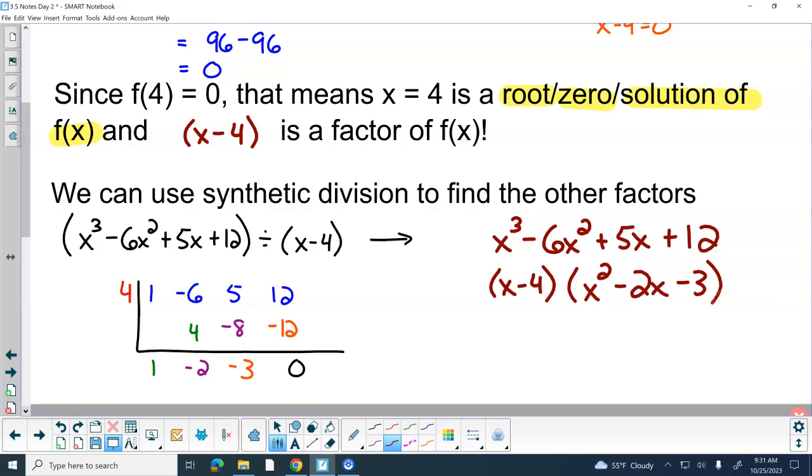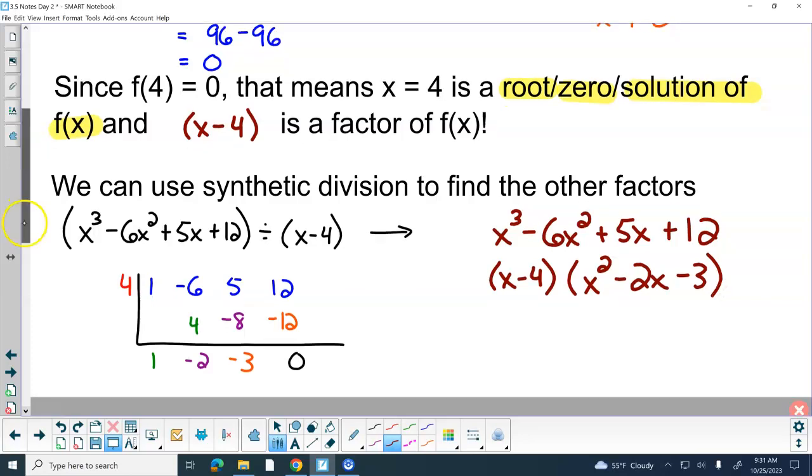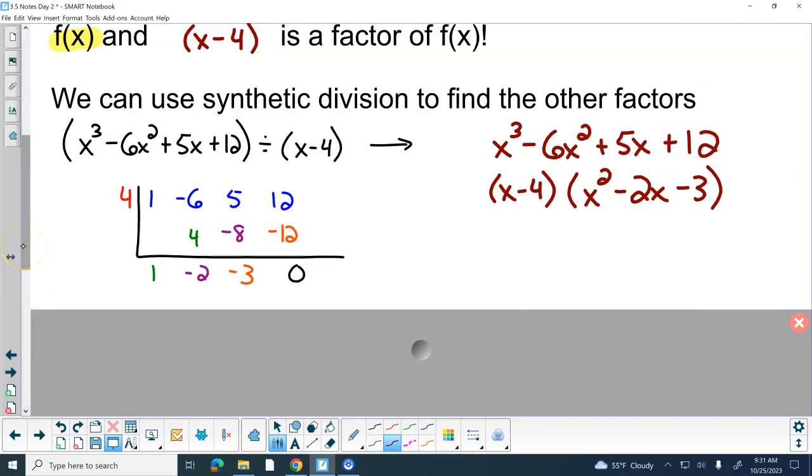Is x squared minus 2x minus 3 factorable? What's the factoring? Negative 3 and plus 1? Yep. So this would factor then to be that.